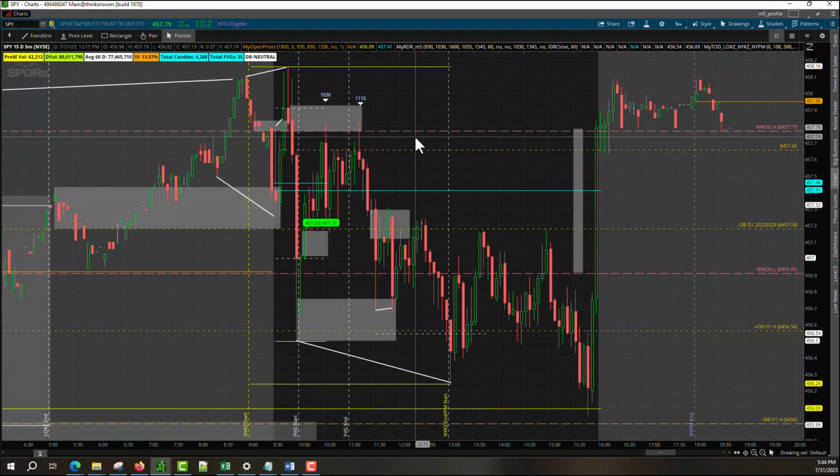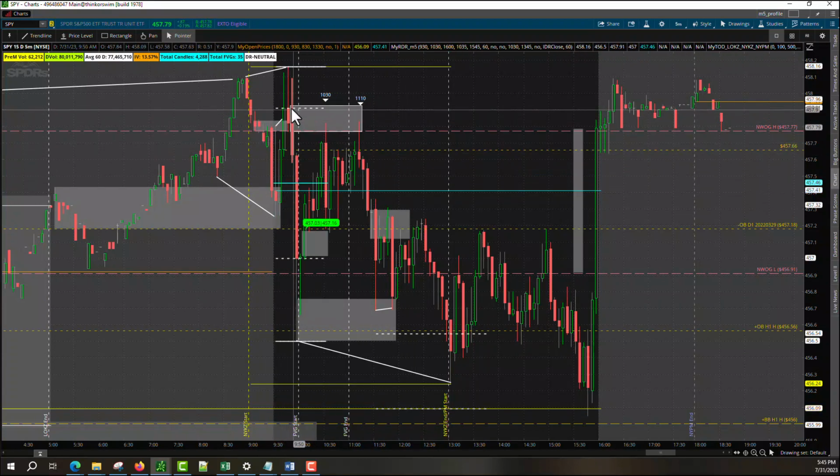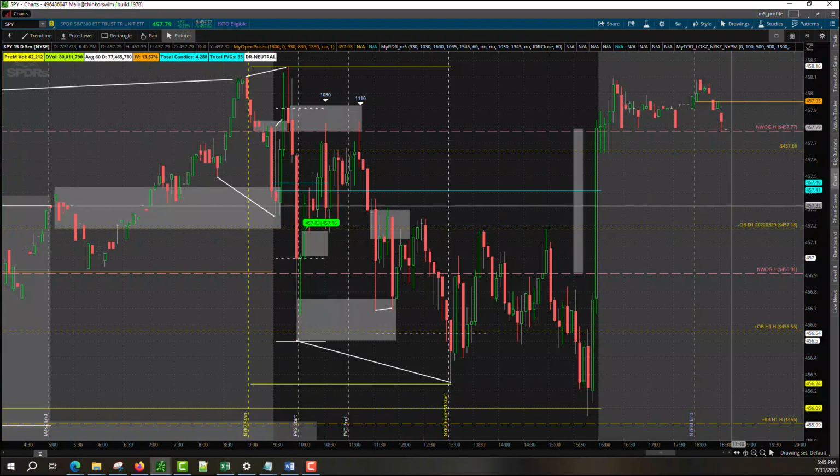Right there. See, it's a beautiful setup: order block, displacement, Fibonacci gap, retest one, retest twice. That's what we see in the setup.